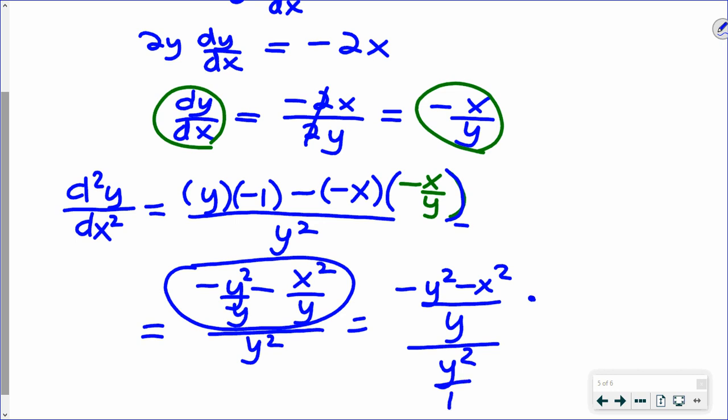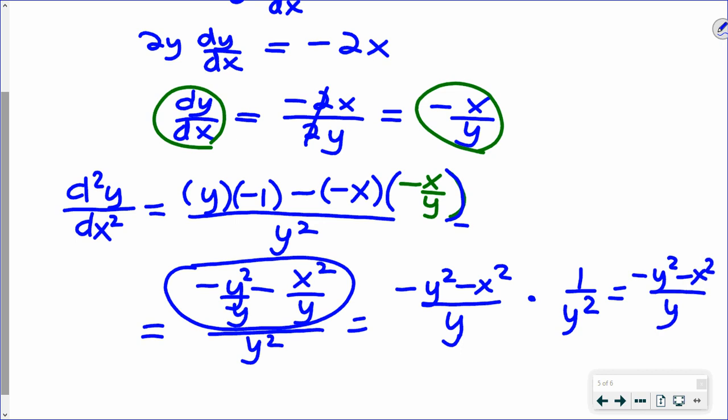Remember, this is like y squared over 1. So I'm going to multiply by the reciprocal. I'm going to flip and get 1 over y squared. And then multiply straight across. And we'll have negative y squared minus x squared all over y cubed. But again, that was just a little simplifying.